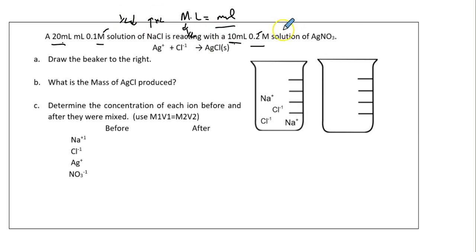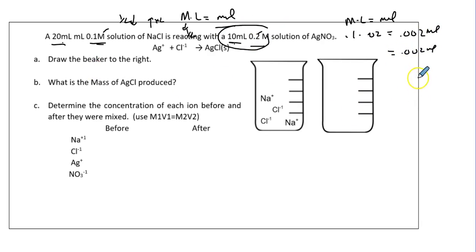We have the same number of moles. Molarity times liters equals moles. For the first one, 0.1 times the volume of 0.02 is 0.002 moles. Try that again with this one and you'll find you also get 0.002 moles.